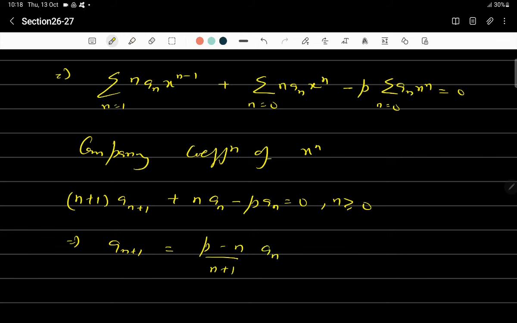So this is the required recurrence relation. If you forget its name, this is the recurrence relation when n is greater than or equal to 0.